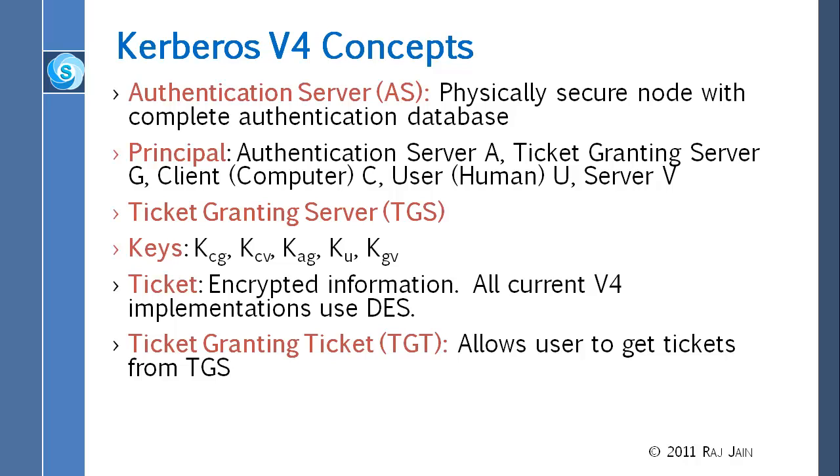KAG is the key between the authentication server and the ticket granting server. KU is the user's password, and KGV is the key between G, the ticket granting server, and V, that server. So some of these keys are generated on the fly, some of them are permanent and so on and so forth, but this is the notation: if there are two letters, they indicate who shares that secret.